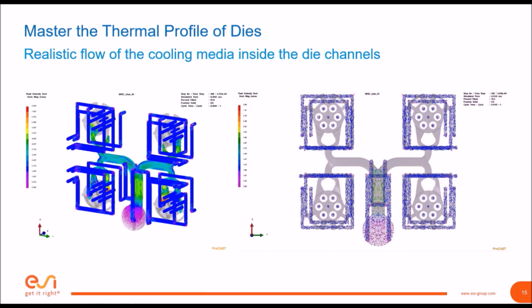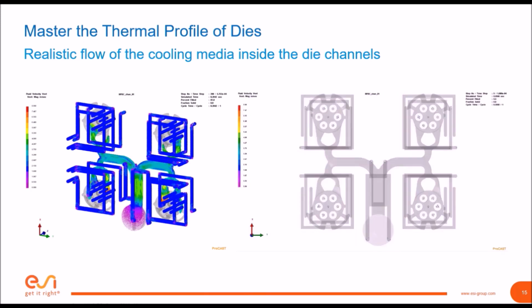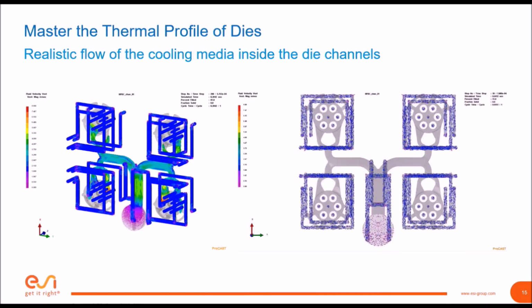The benefit is that it automatically computes the heat exchange of the die, as a function of the flow depending on its location and time. One just needs to input the flow rate and the temperature, and that's it. So Procast has the unique possibility to actually model both: the filling inside the cavity as well as the flow inside the cooling lines.